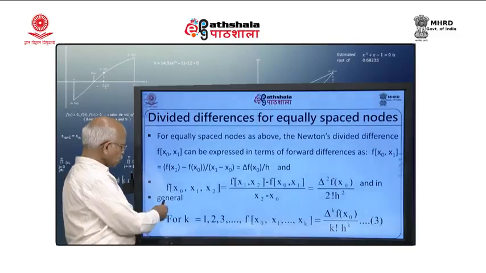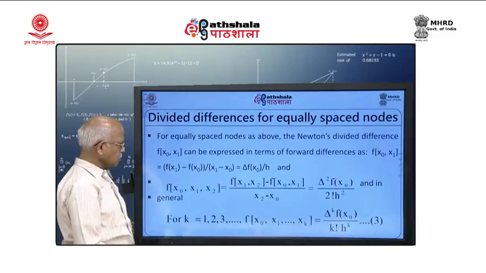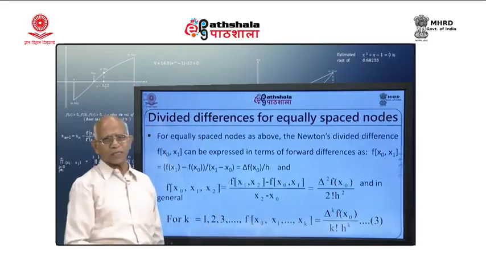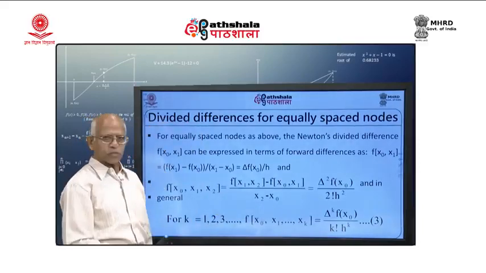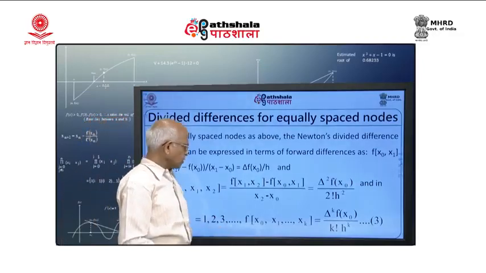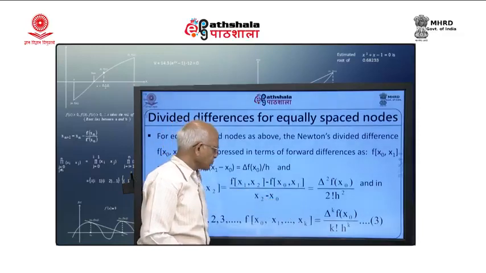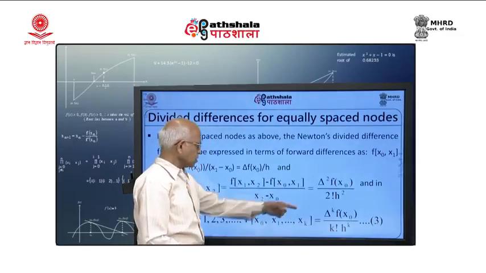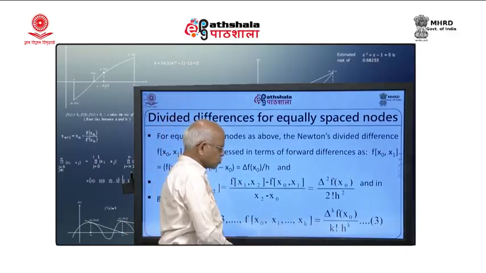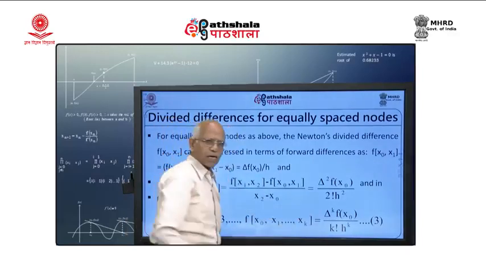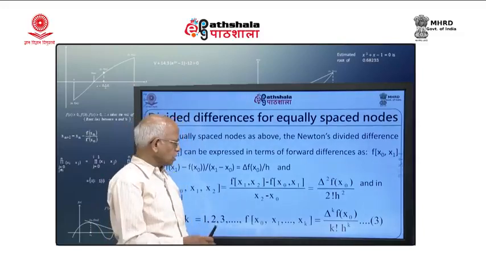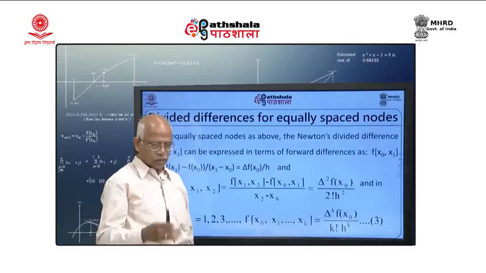And if you continue like this for any arbitrary k, I will get f[x0, x1, ..., xk]. So, the first k plus 1 nodes you take, and this divided difference in terms of forward difference will be given by Δ^k, that is the kth forward difference at x0, divided by k factorial into h^k.